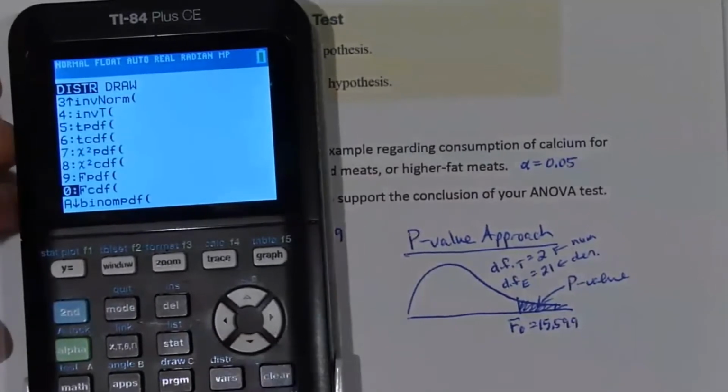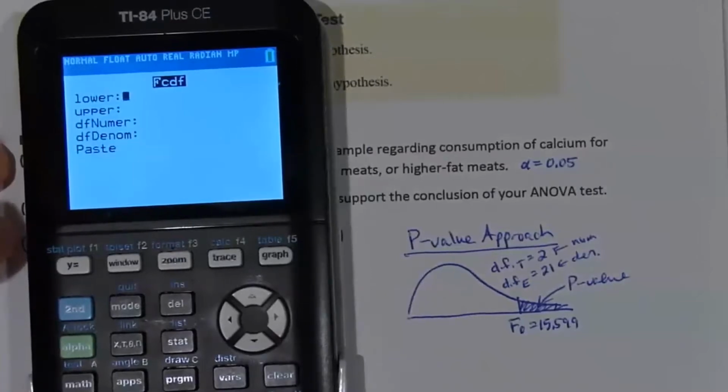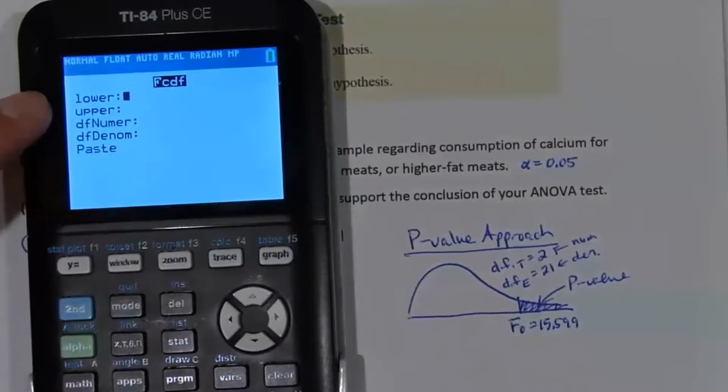That's going to find the area beneath an F curve for me. So here's how that works. When I select that, I need my lower bound, which in this case is 15.599. I need an upper bound, which I don't really have one, so I'm going to use a big positive number.